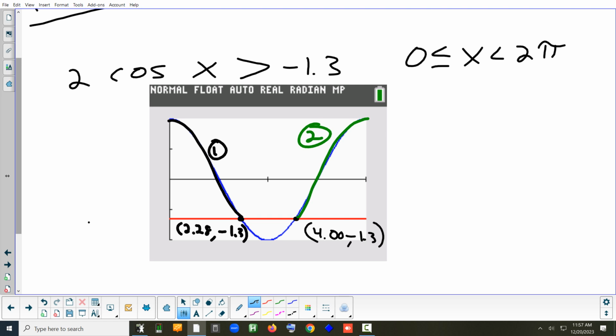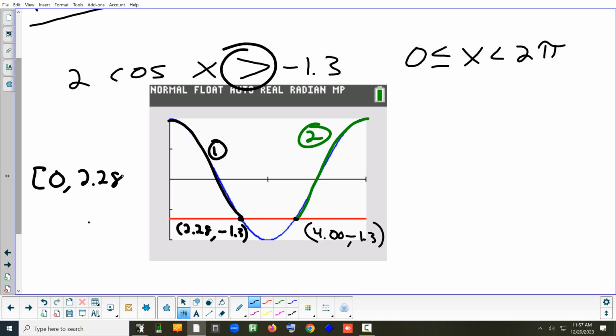Can I include or not include 0? I can include it. Where does section 1 stop? 2.28. Include or not include? You can't, because this is not an equal to. It has to be above the horizontal, not equal to it.